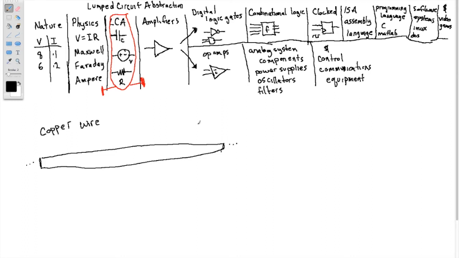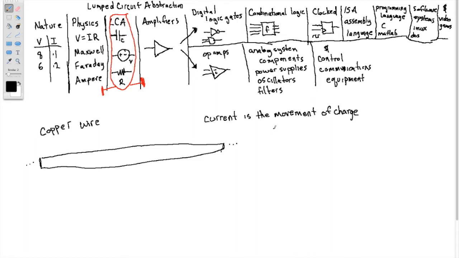Well, current is the movement of charge. And so you know that there are two kind of basic things that have charge.